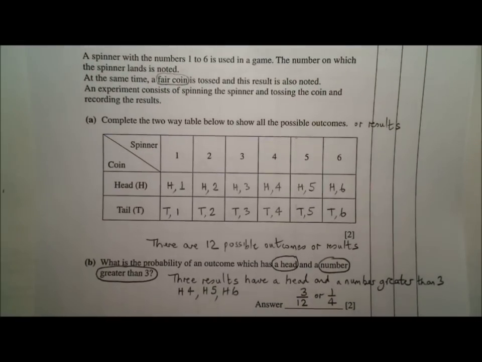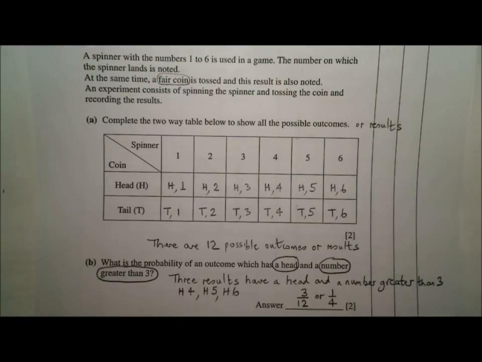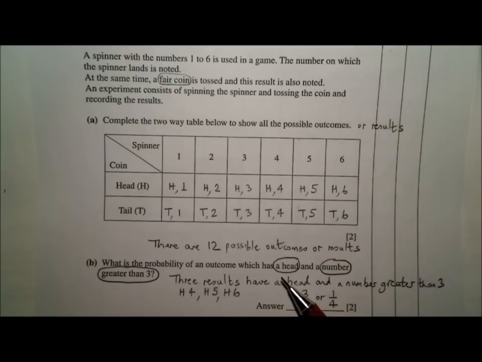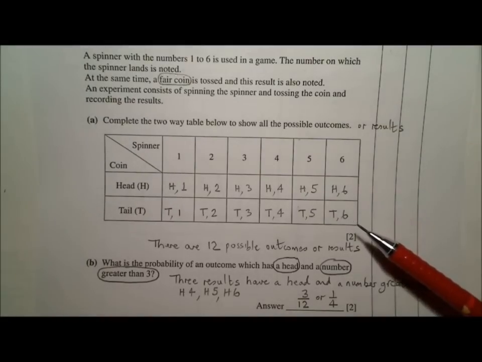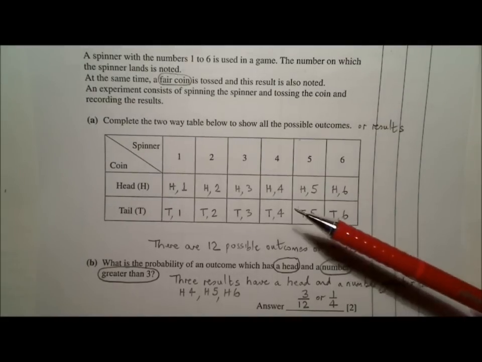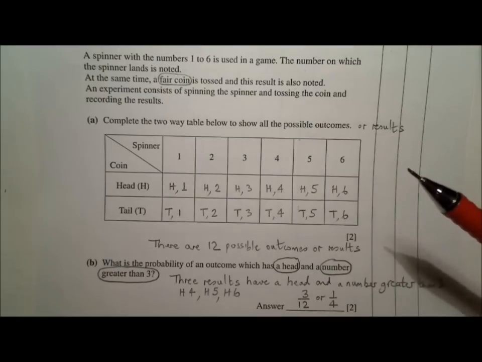So then the second part of the question asks us, what's the probability of getting a result or an outcome which is a head and a number greater than 3? So we're going to look at our two-way table and see how many of the results include a head and numbers greater than 3.